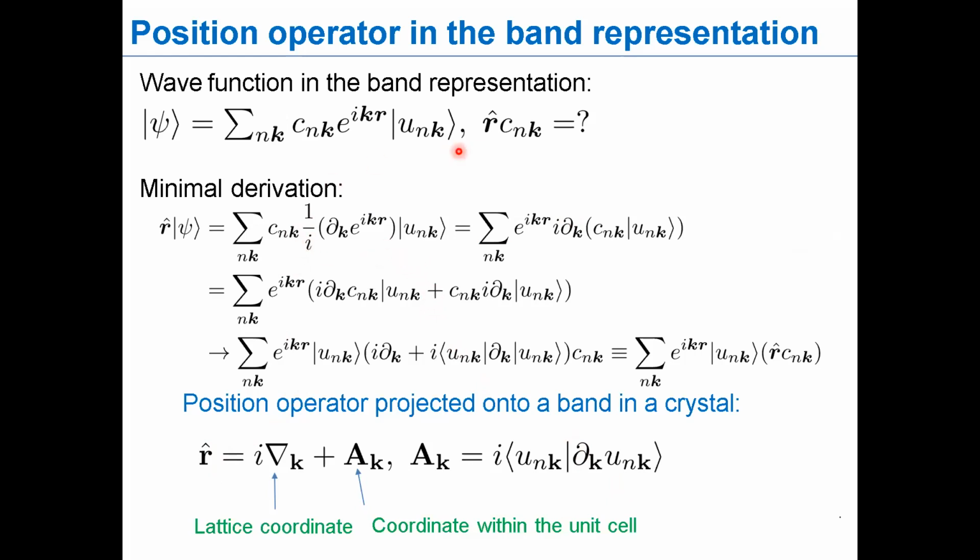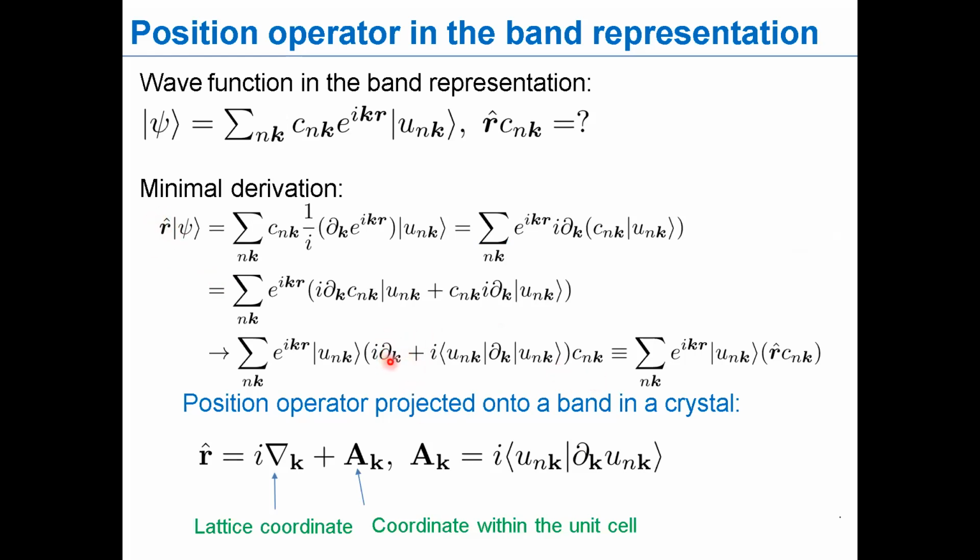On the full wave function, without the representation being specified, this derivative acts essentially as d by dk, the full momentum. And then by partial integration a few times, we get that in the Bloch representation the coordinate operator contains two pieces.